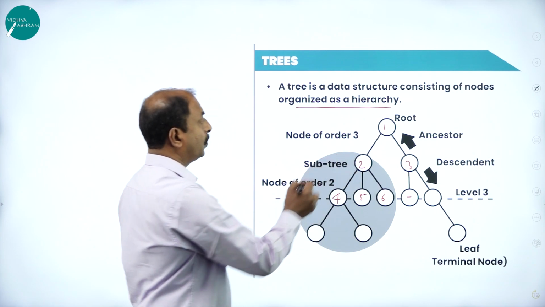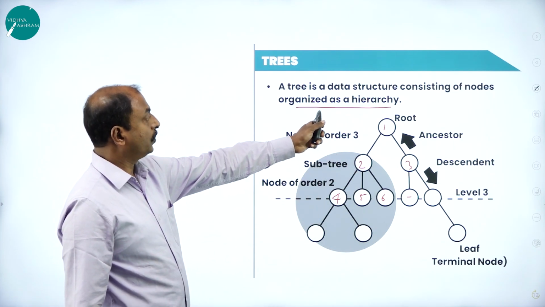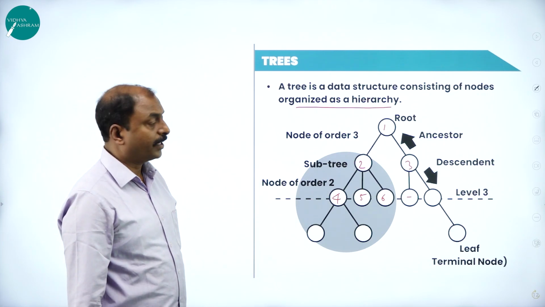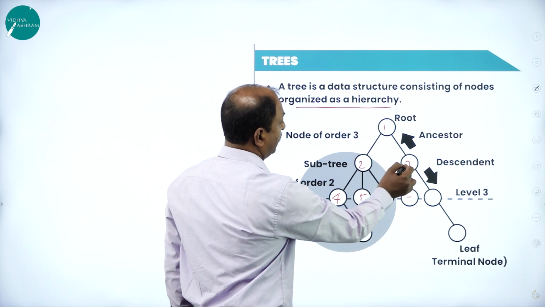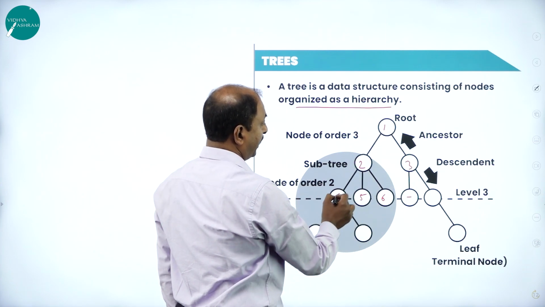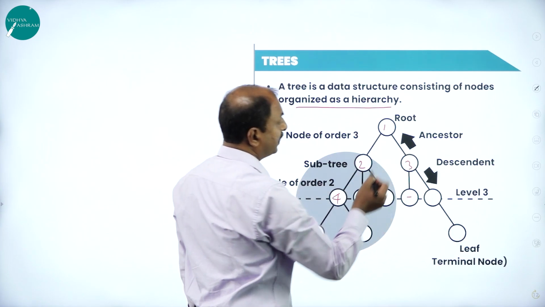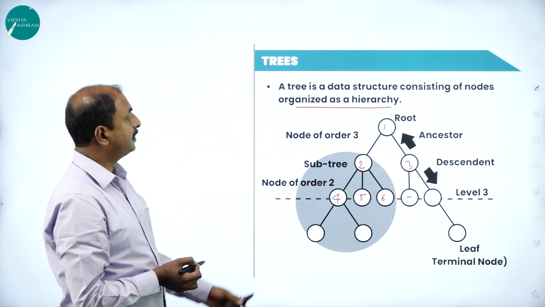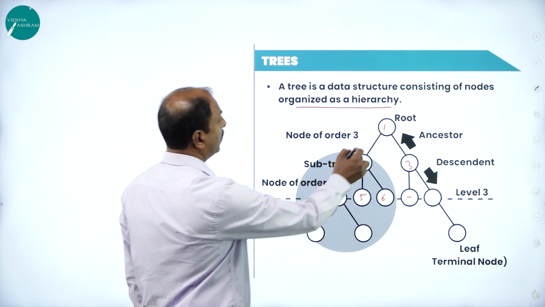All these are nodes in a tree. What do we mean by hierarchy? This is the first node, and these two are the two nodes from this node, and there are three nodes for this one, and again two nodes for this node. This is the meaning of hierarchy, and these are called nodes.